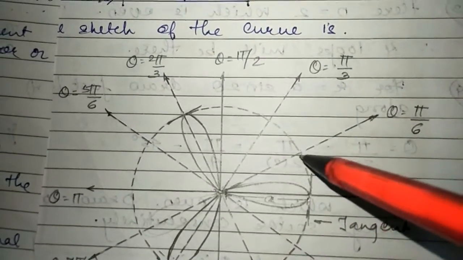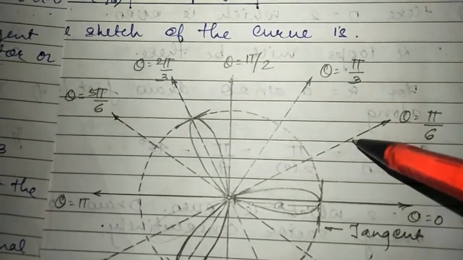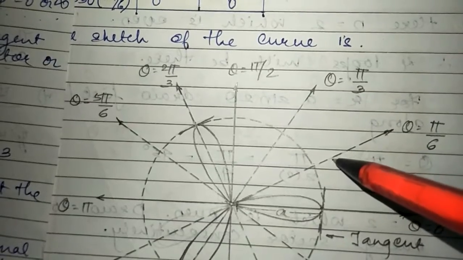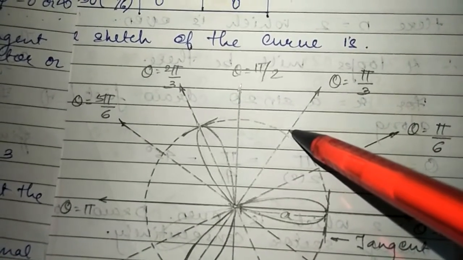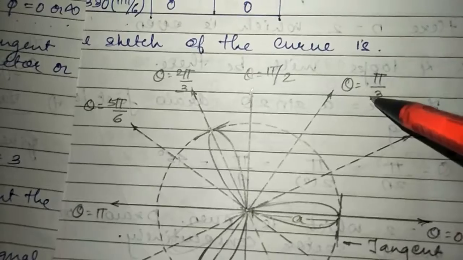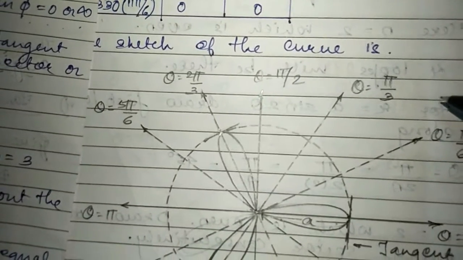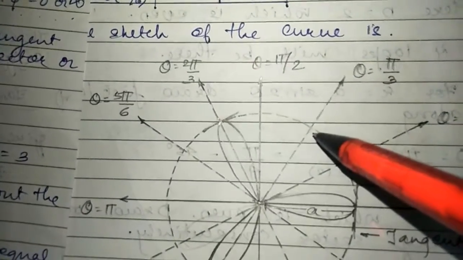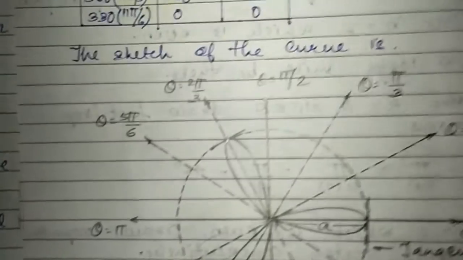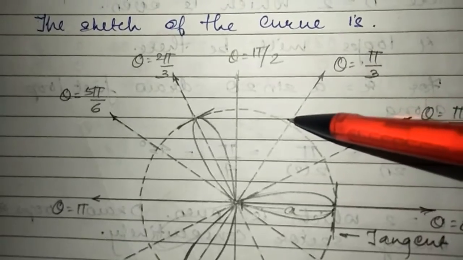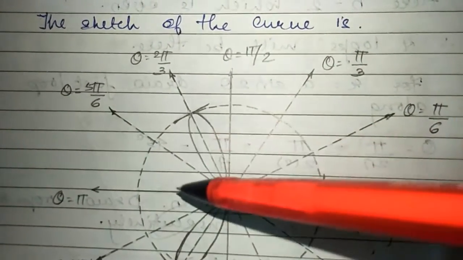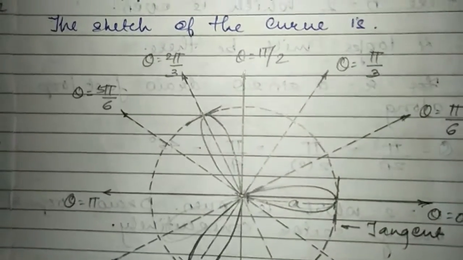The next sector will be pi by 6 plus pi by 6, it is 2 pi by 6, that is pi by 3. So it will be from theta is equal to pi by 6 to theta is equal to pi by 3. Now pi by 3 plus pi by 6 will be 3 pi by 6, that is pi by 2. So the third sector will be from theta is equal to pi by 3 to theta is equal to pi by 2. Like this we will divide each quadrant into 3 equal parts.